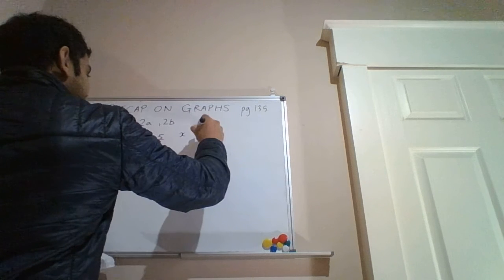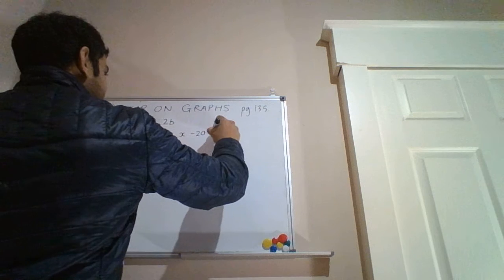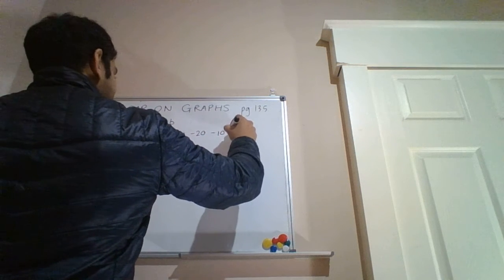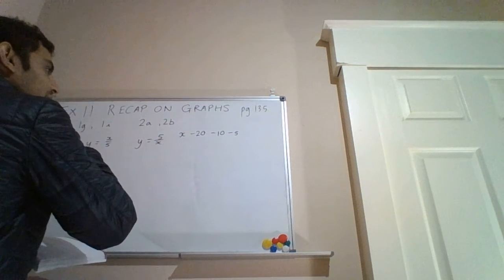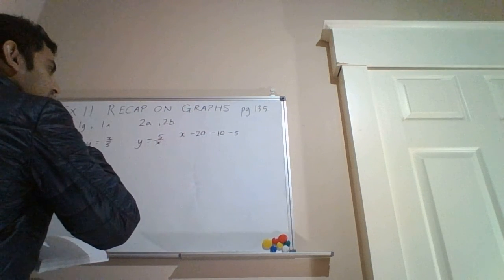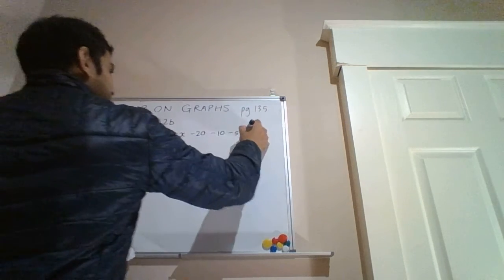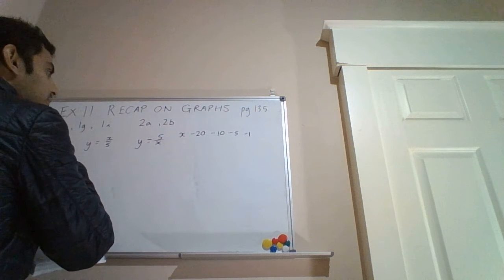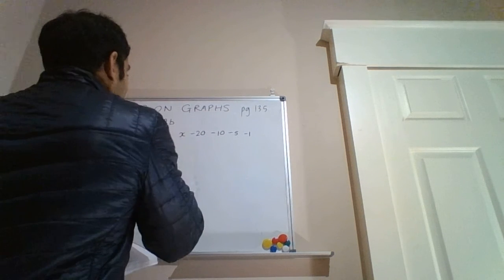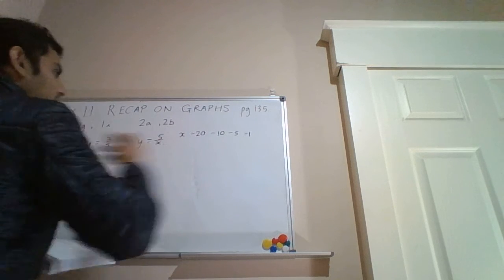So let's do that again. Let me actually do minus 20, minus 10, minus 5, and do 1, minus 1, so that will give me 5 over minus 1 is minus 5, and fractions, I could do minus half.